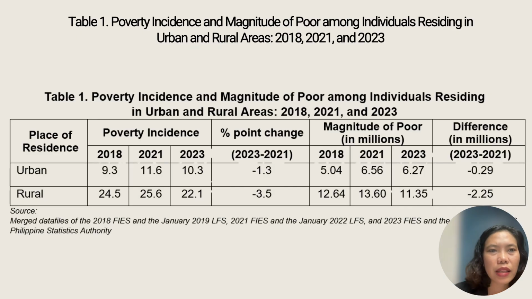So the poverty incidence and magnitude of poor individuals residing in urban areas and rural areas. We have here the urban and the rural. So there are more poverty incidents in the rural areas compared to the urban areas.